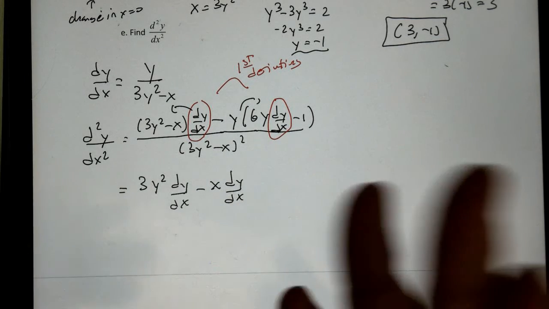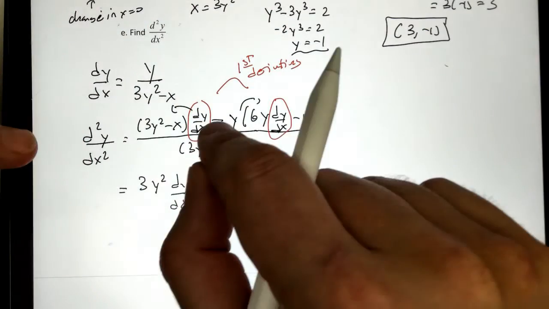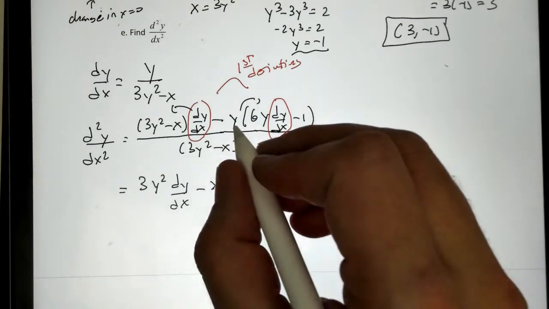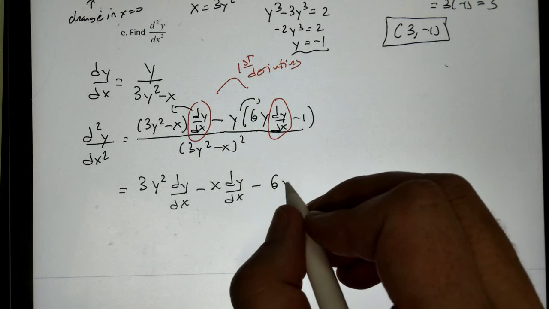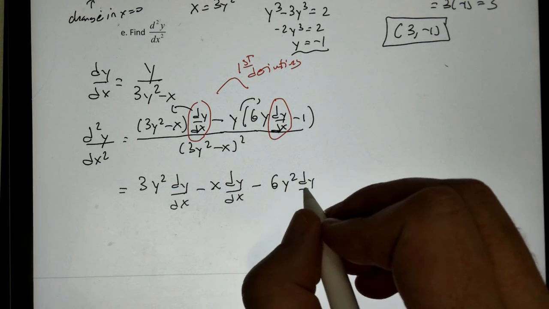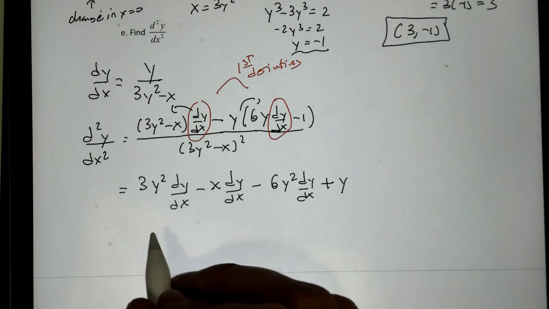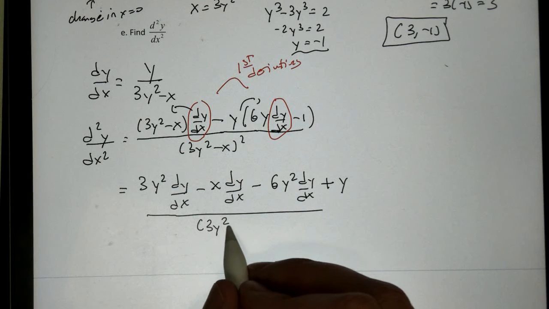Don't lose the forest for the trees. This is just algebra 1 right here. I'm just multiplying everything by a dy/dx. On this one, I'm multiplying everything by a negative y. So minus 6y squared dy/dx plus y, because the signs are going to change there, all over my denominator squared.